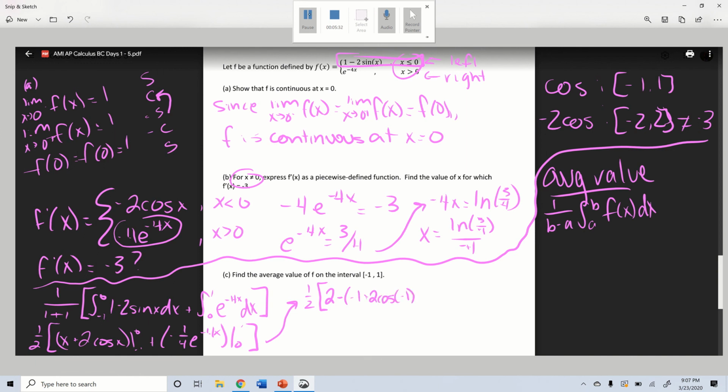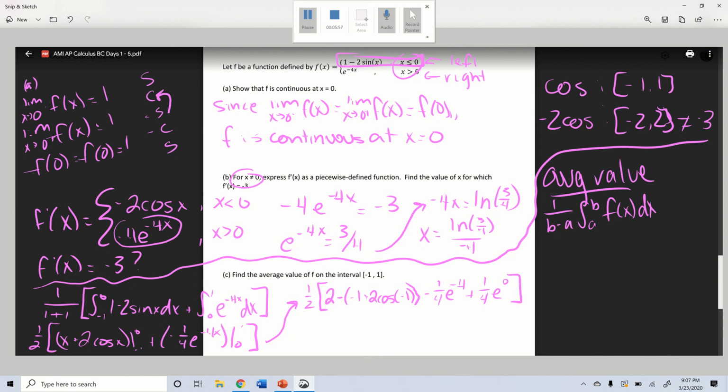Now this is not a calculator question, so that is just how it's left, because I don't know what cosine of negative 1 is. Then we come over to this next one, and we are going to get minus 1/4. We'll plug in 1, e to the negative 4. Then minus negative is going to make it plus 1/4 e to the 0.